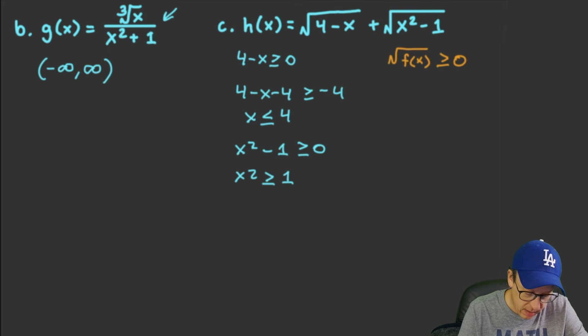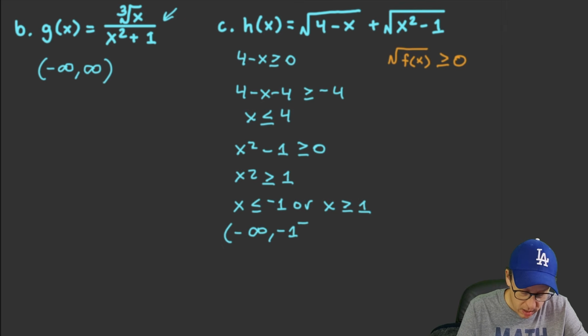And so that means that x is going to be less than or equal to negative 1, or x is going to be greater than or equal to 1. And I could write out the interval notation. Well, since I'm here, why not? So it's going to go from negative infinity to 1, bracket, or, and then we'll have 1 to 4, like that. All right. What's up next?